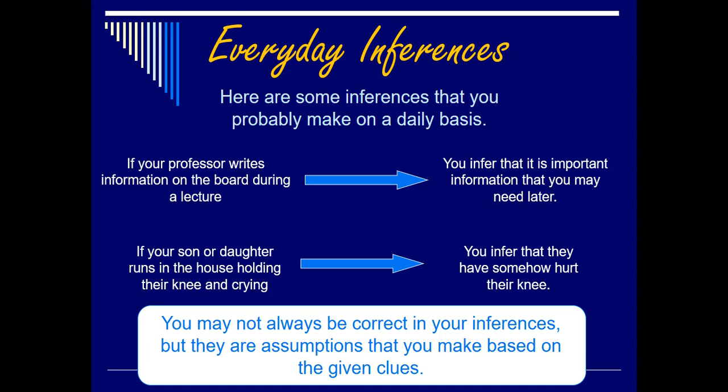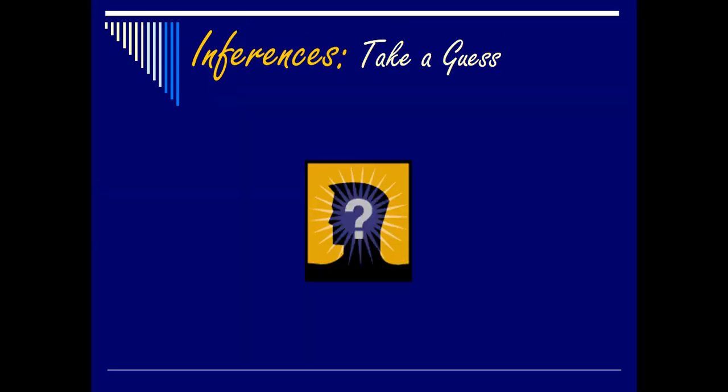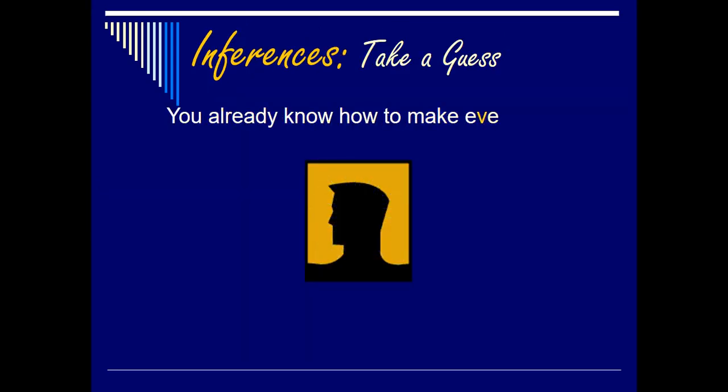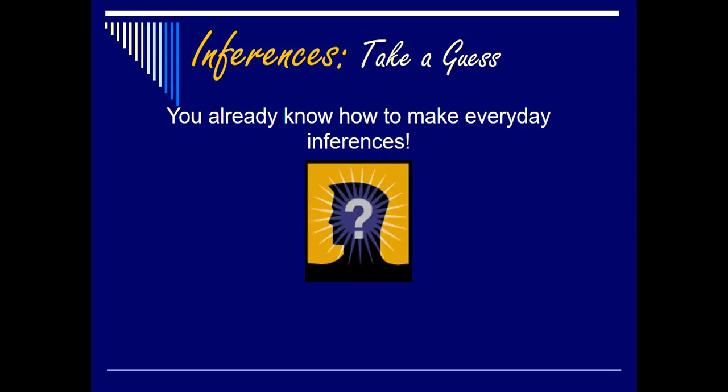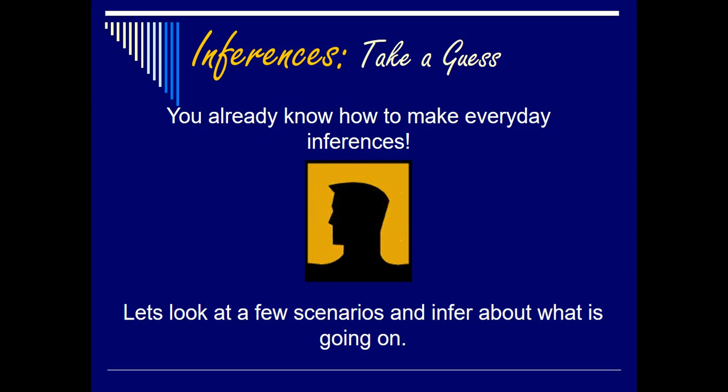They're holding it and they're crying. You're like, oh, something's wrong with their knee. That's an inference that you just made. You might not always be correct in your inferences, but they are assumptions that you make based on the given clues. So let's take a guess. You already know how to make everyday inferences, right? Let's look at a few scenarios and infer about what's going on.